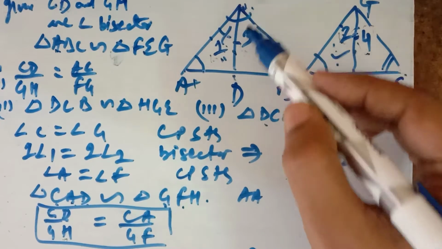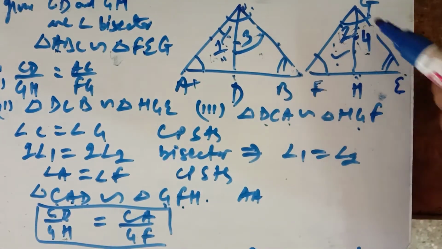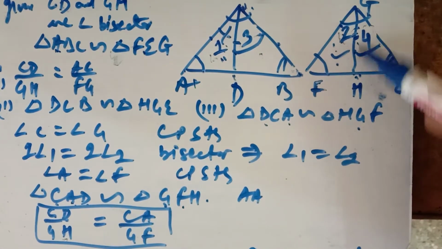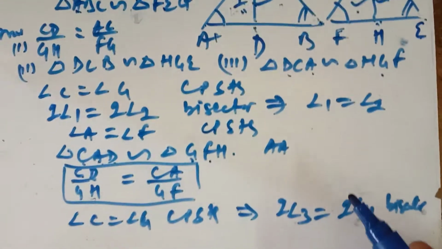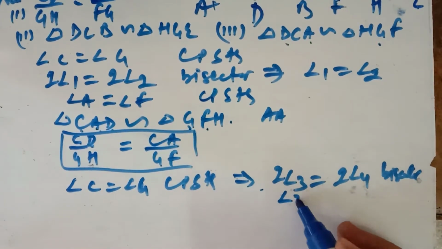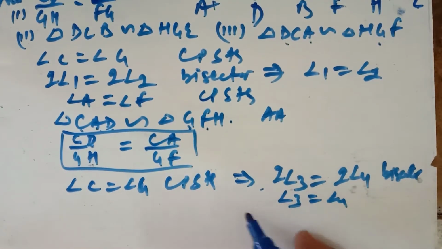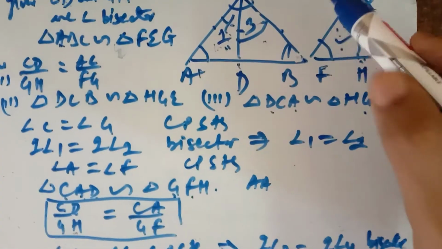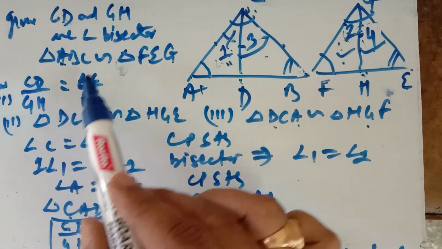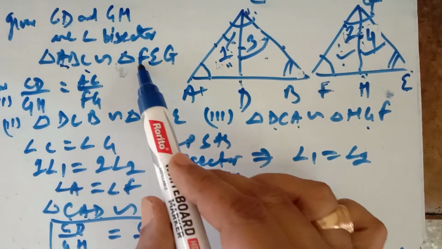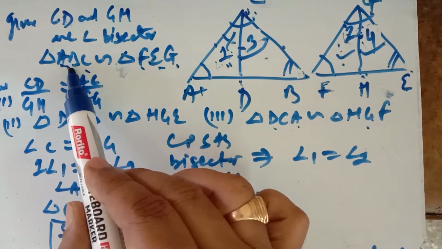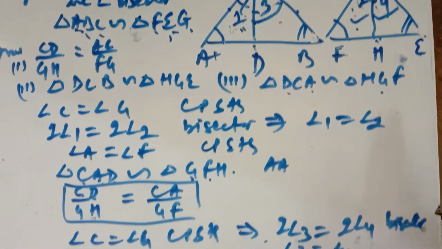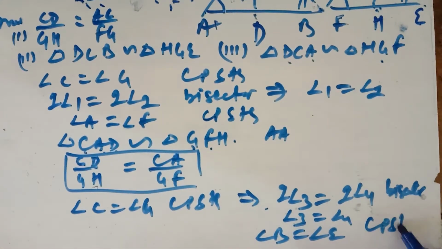Because angle C is double of angle 3 and angle G is double of angle 4, as GH and CD are the bisectors, we can say that angle 3 is equal to angle 4. And angle B is equal to angle E, because it is given that triangle ABC is similar to triangle FGE, so corresponding parts of similar triangles are equal.